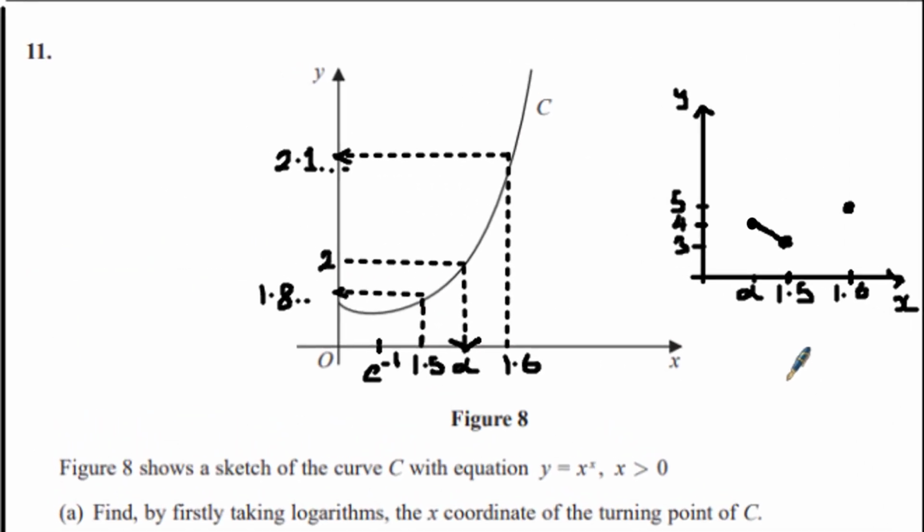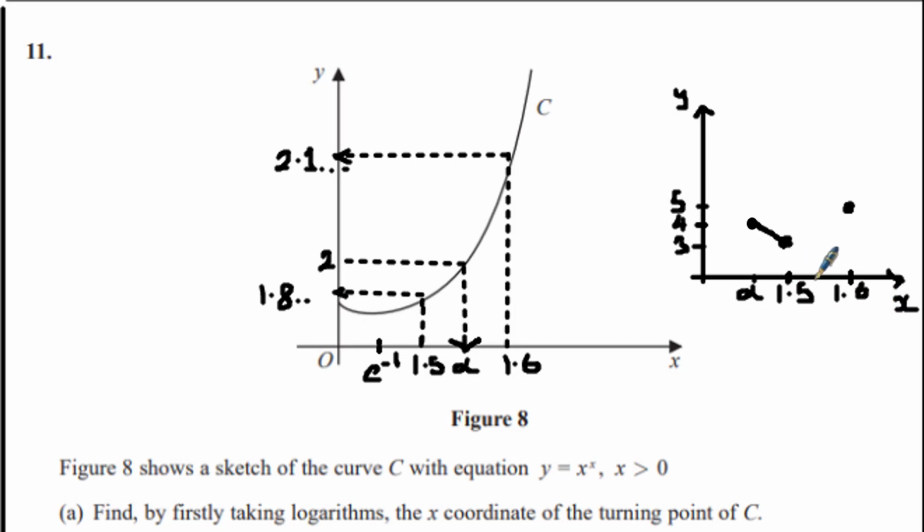So here's an example of a graph that's not continuous. Mapping 1.5 to the graph would give us 3, and mapping 1.6 to the graph would give us 5. Mapping alpha to the graph would give us 4, which is between 3 and 5. But here, alpha is less than 1.5 and 1.6.